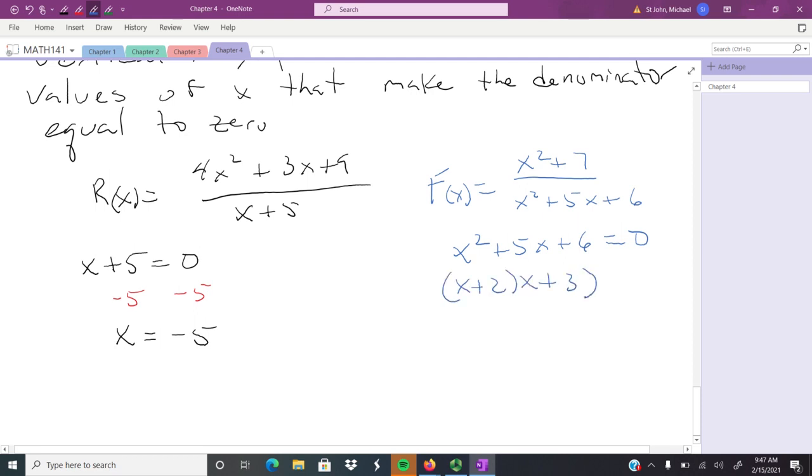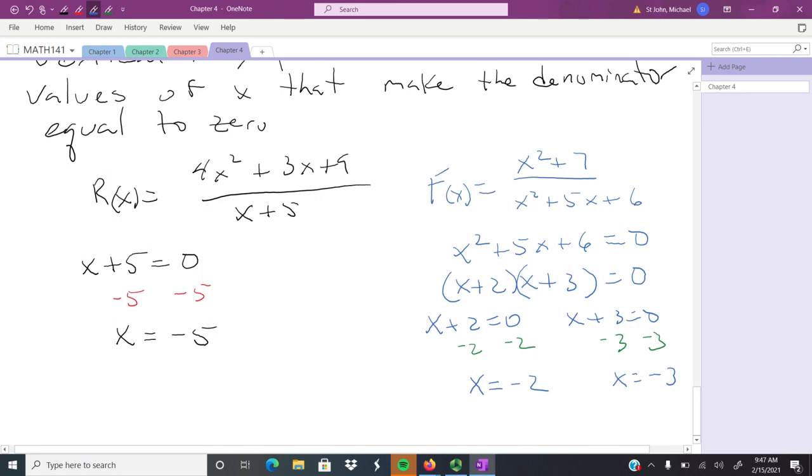So we get x plus 2, x plus 3. So x plus 2 could equal 0. x plus 3 could equal 0. And we could solve each one of these. And so here we find out there will be two asymptotes. One at -2 and the other at -3.